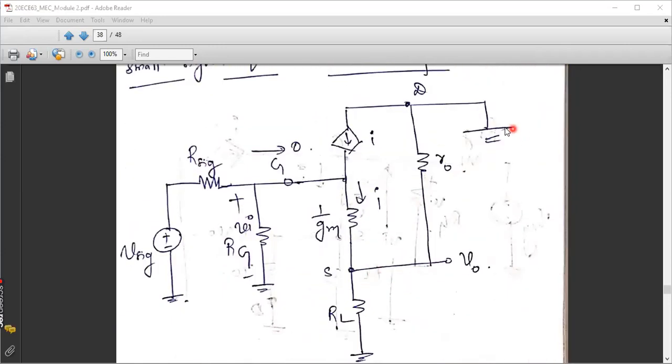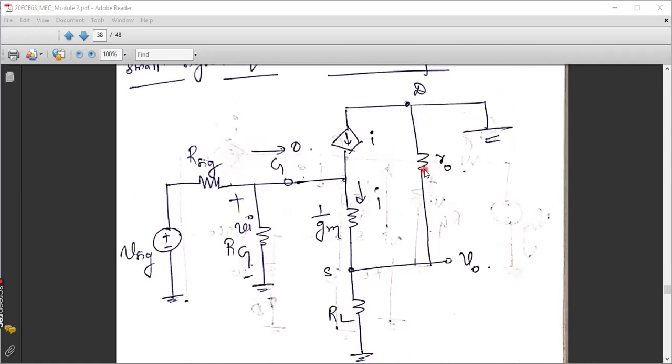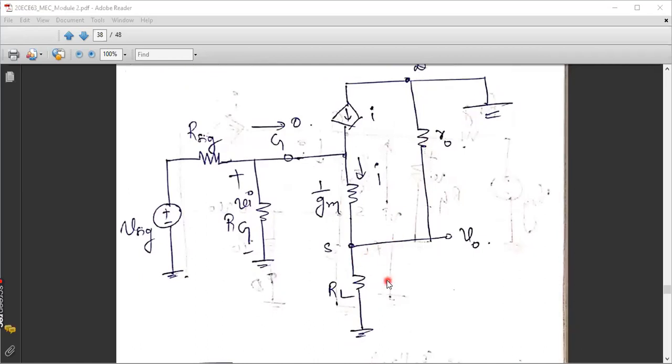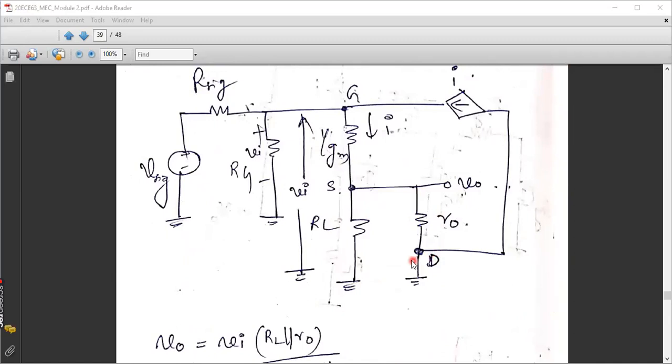Because R0 is connected between source and drain, and here RL is connected between source and ground, whereas this ground is also coming to the drain terminal. So the two terminals of both resistances are shared mutually. Therefore, RL and R0 can be connected in parallel like this, and the remaining things stay as such.